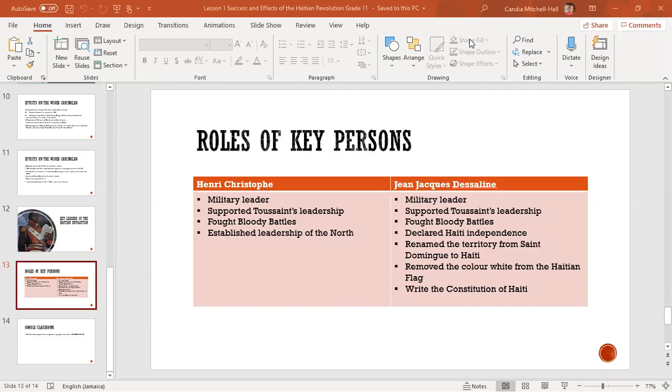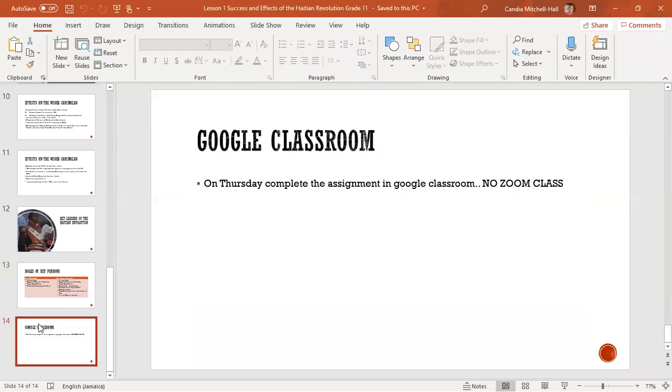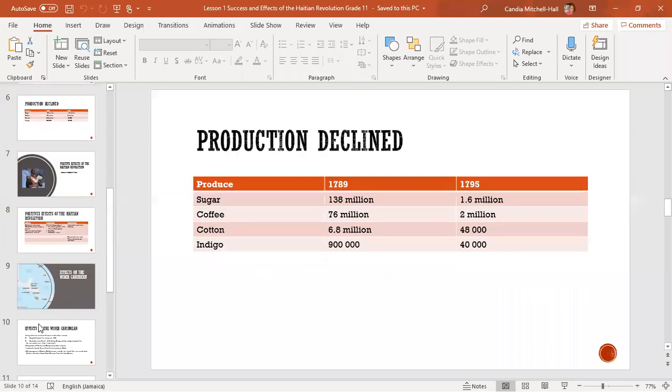And he was the one who actually wrote the Constitution. So these are some of the effects of the Haitian Revolution and the roles of the key persons in Haiti. So ladies, we are through now with Haiti.